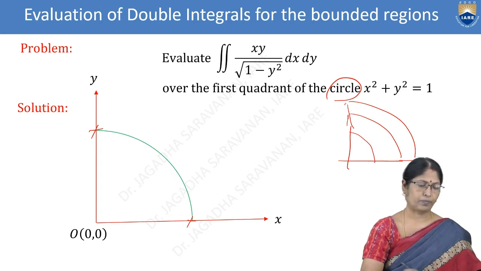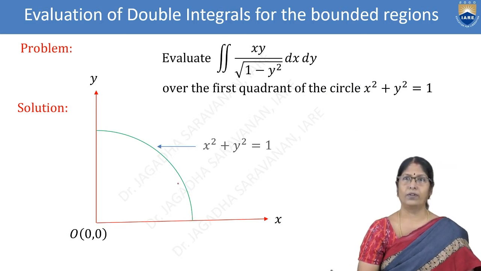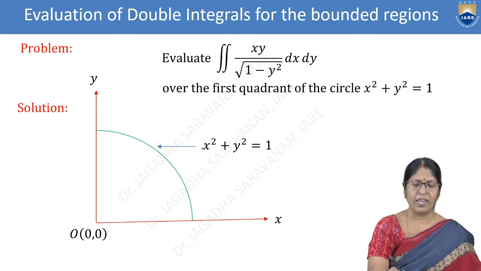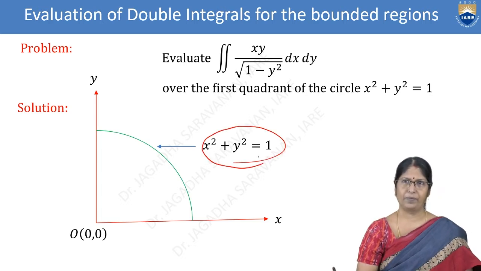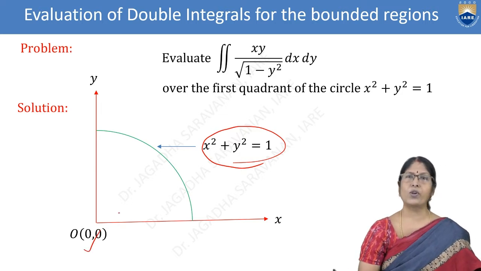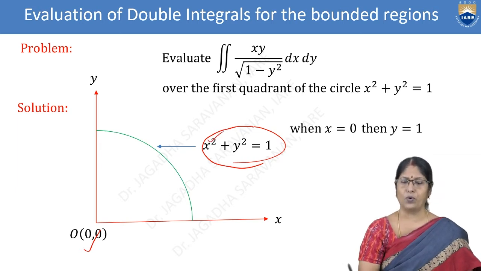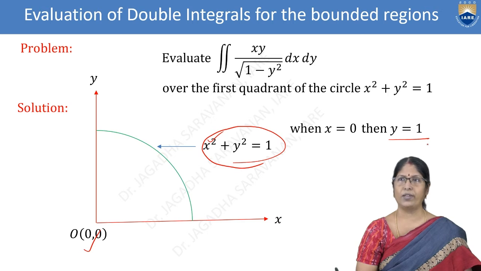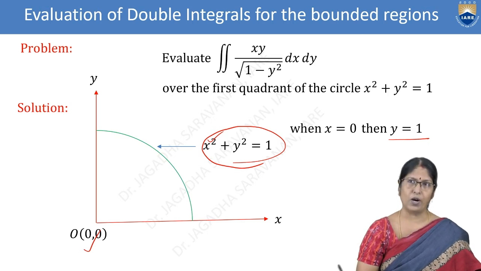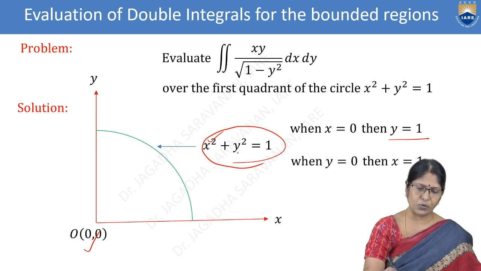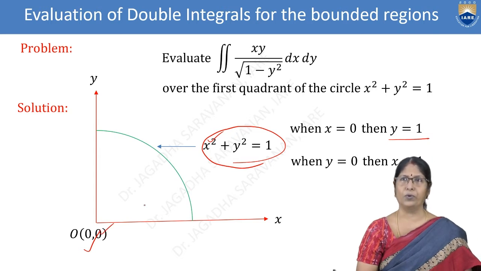So this is the curve. It is nothing but the equation of the circle, from which we know our origin is 0, 0. So we are going to substitute x equal to 0. We got the y value as 1. And we are substituting y equal to 0. We got x equal to 1.